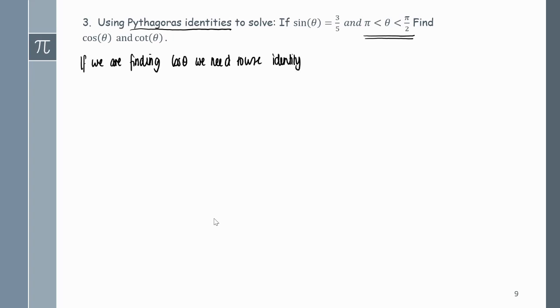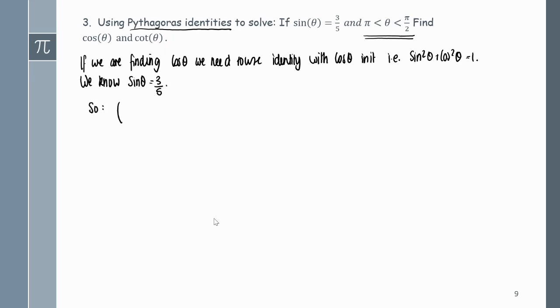If we're finding cos theta, again, we need to use the identity with cos squared theta in it. So we're going to use that sine squared theta plus cos squared theta equals 1. I know that sine theta is 3 over 5, so let's sub that into our first Pythagorean identity.